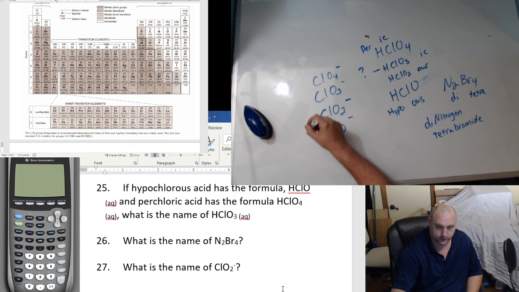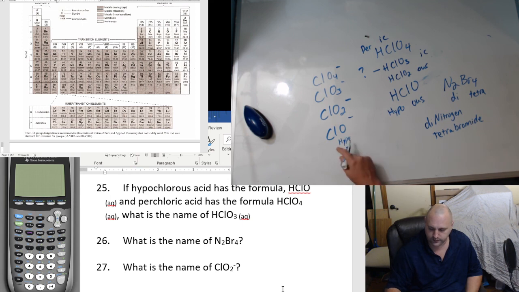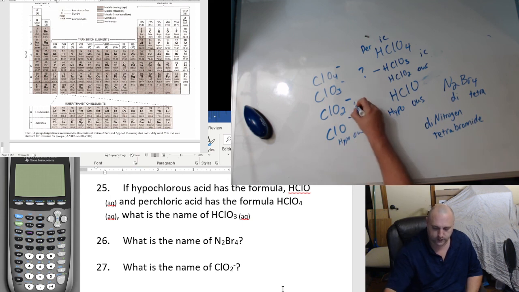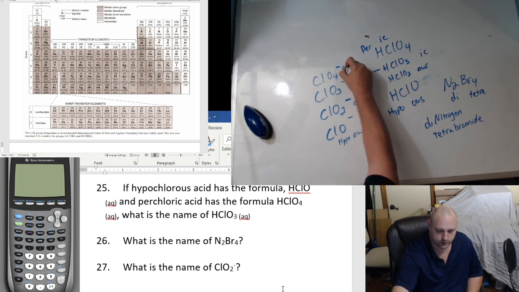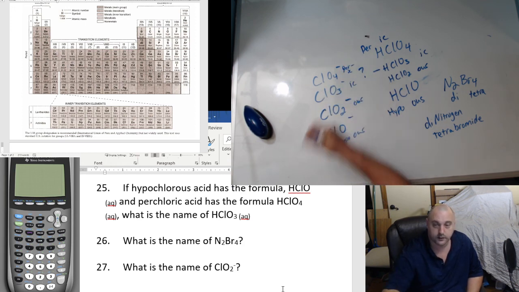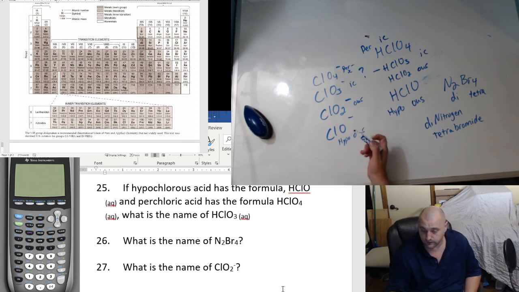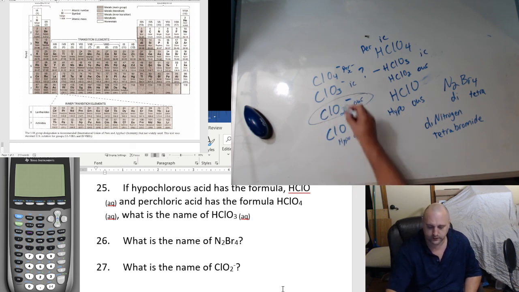So just like we had before, this is hypo, less than ous, and this is ous, and this is ic, and this is per-ic. Since it's chlorine, it's chlorine. So ClO2, that's this, it would be ous.